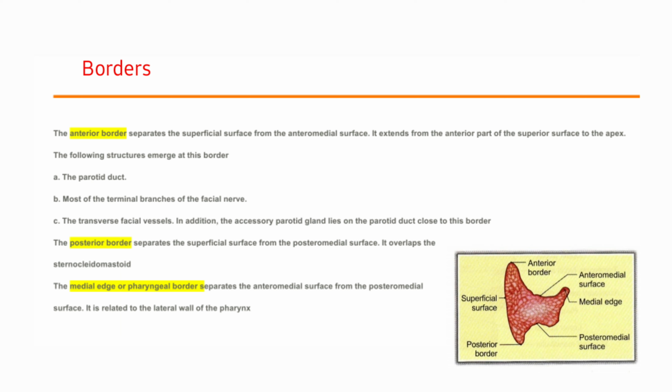In addition, the accessory parotid gland lies on the parotid duct close to this border. The posterior border separates the superficial surface from the posteromedial surface. It overlaps the sternocleidomastoid. The medial edge or border separates the anteromedial surface from the posteromedial surface. It is related to the lateral wall of the pharynx.